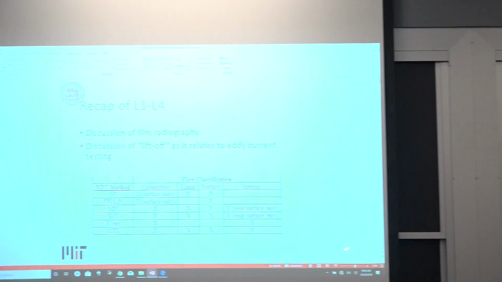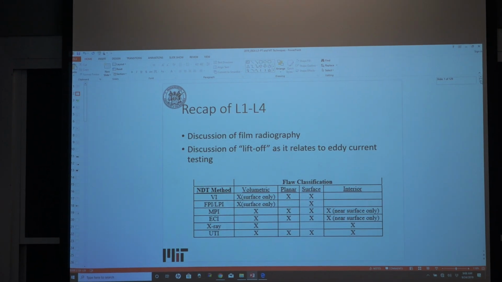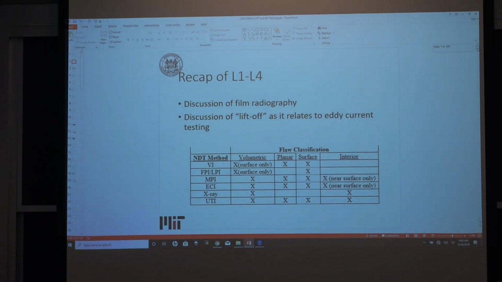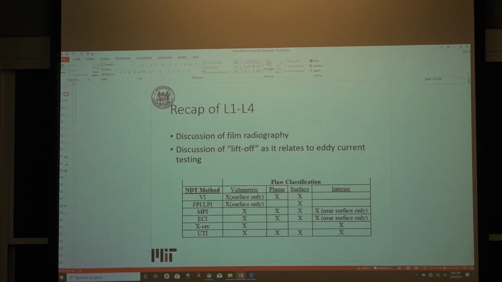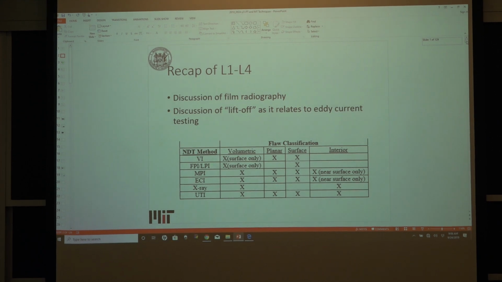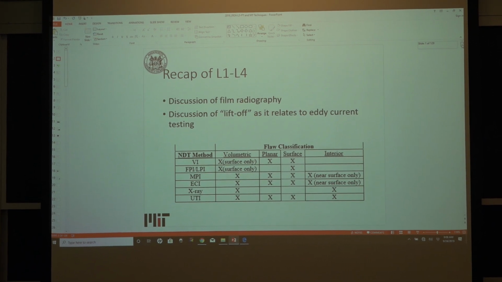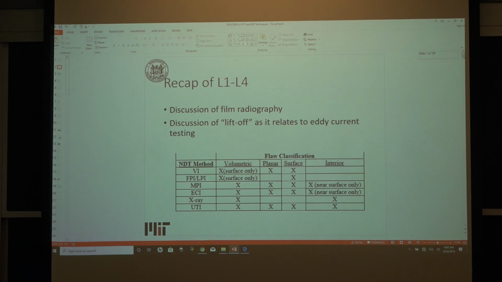Just a quick overview chart on the various methods that we've gone over so far and their applicability for both two-dimensional and three-dimensional. Two-dimensional, they're cracks. Three-dimensional, they're voids or inclusions.